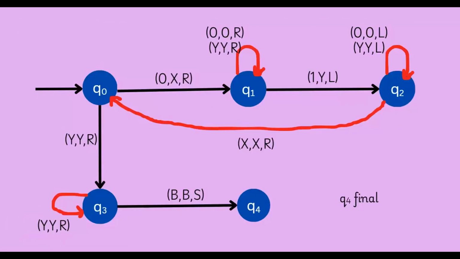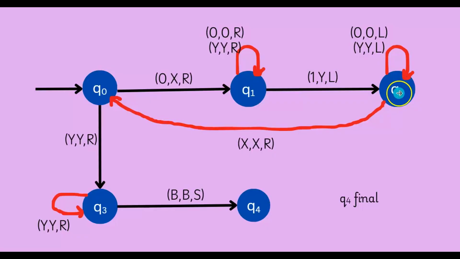Let us see the states of the Turing machine. Q0 is the initial state. When you find the first 0, make it x, move right, and reach the state Q1. So when you find zeros, you keep them as 0 and move right to find the first 1. When you find the first 1, make it y, move left, and reach the state Q2.